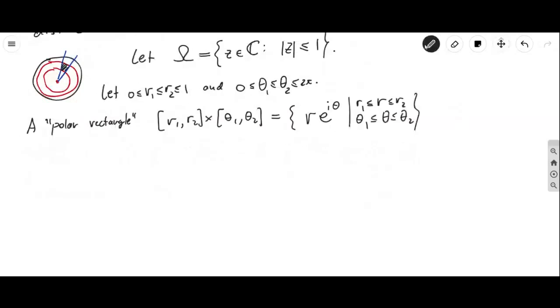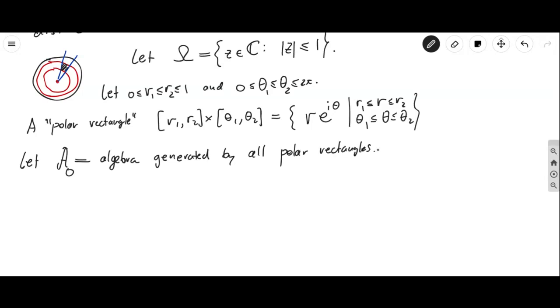And we're going to let A subscript 0 be the algebra. So this is not the sigma algebra. This is just the algebra generated by all polar rectangles. Okay, so we have our polar rectangles. So that would mean that the intersection of two polar rectangles is another polar rectangle.